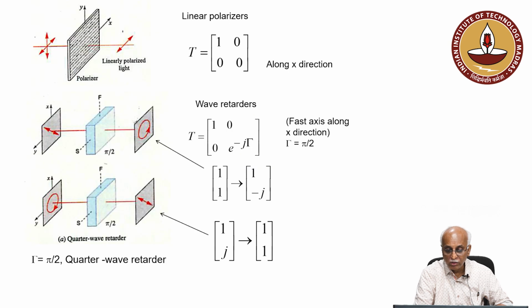Now, I will not go into these details, but we can express this propagation of polarized light using Jones matrix, Mueller matrix, and understand how this linearly polarized light propagates.